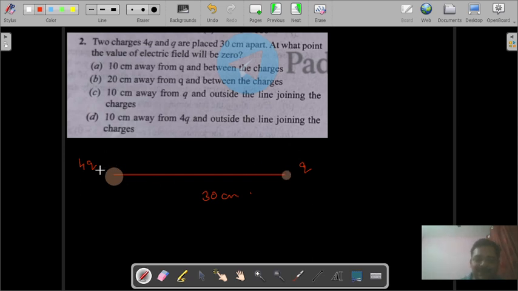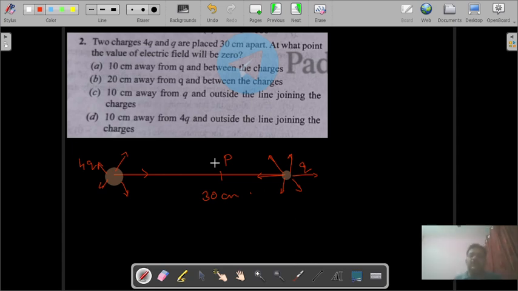So the electric fields due to each of them will be outward. The electric field due to this one will be outward in all directions, and the electric field due to this will also be outward. Since on the line joining the two charges the two electric fields are opposite to each other, there must be a point P where the electric field due to both of them is 0.